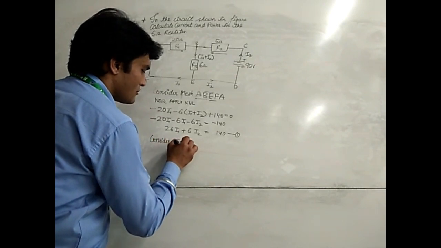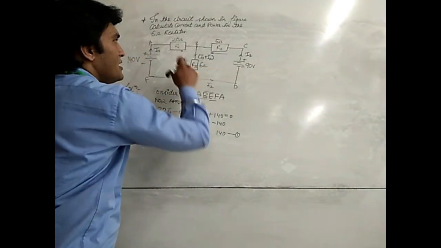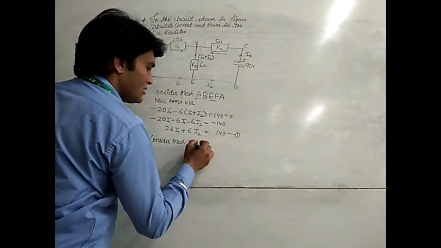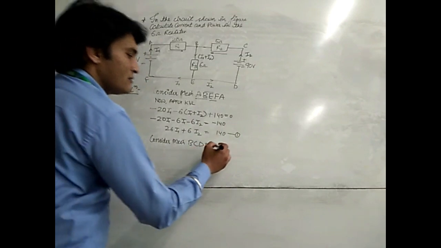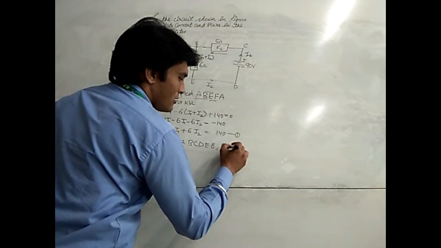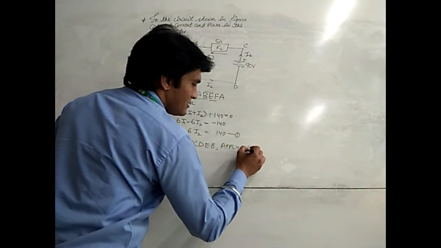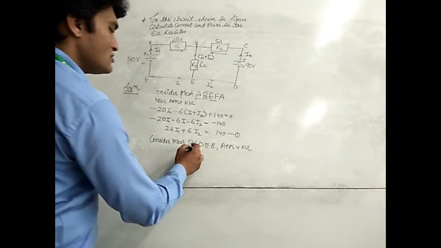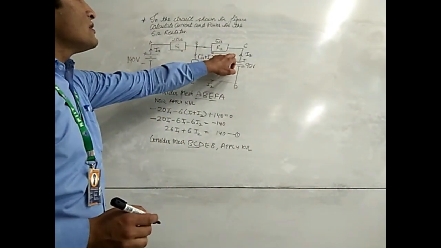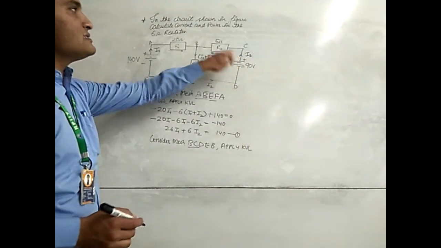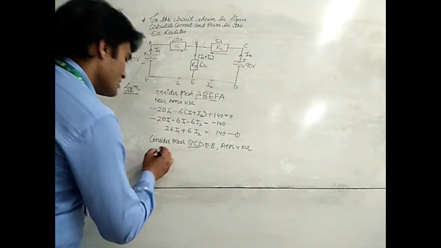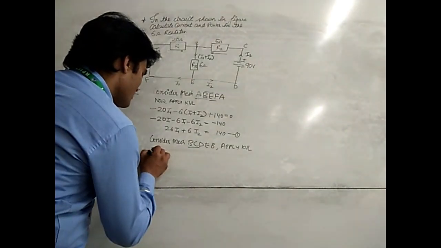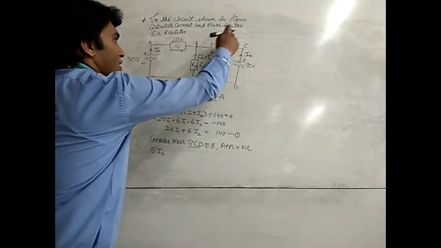Now consider mesh number 2, B, C, D, E, B, and apply KVL in this loop. From B to C, the direction of current is opposite to our tracing direction, so the sign will be positive: 5 into I2.